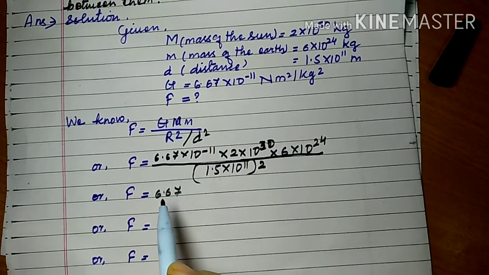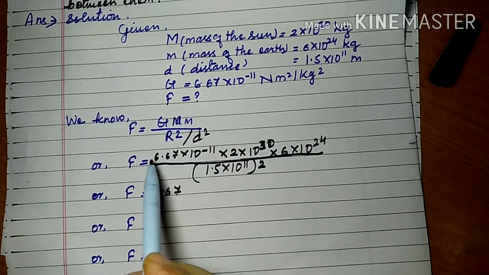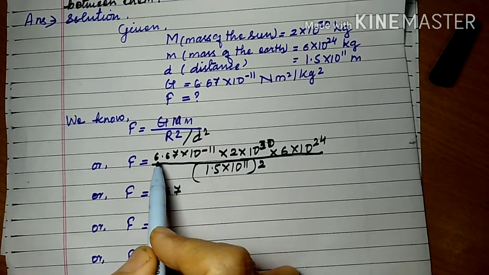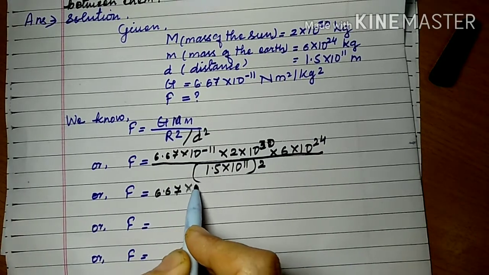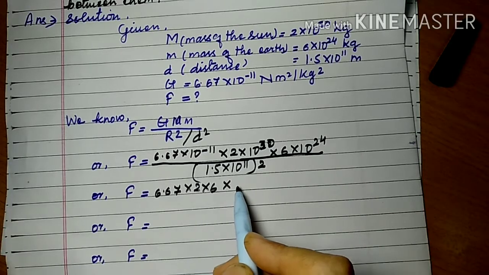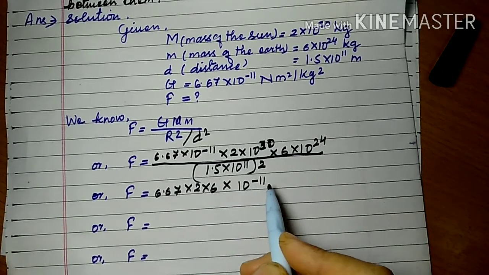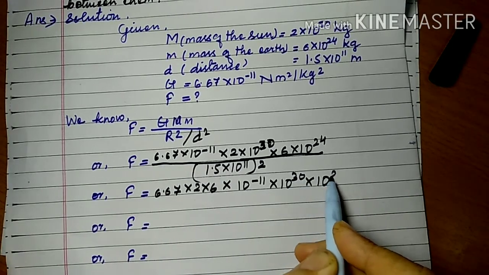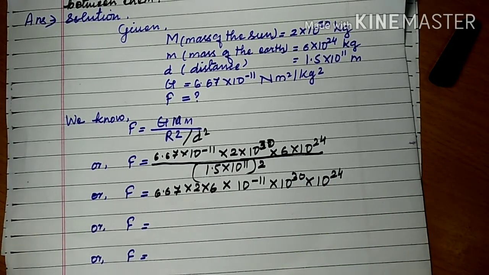6.67, you are going to make groupings of numbers with power and without power. 6.67 into 2 into 6, and all the power numbers will go towards back. 10 to the power minus 11, 10 to the power 30 into 10 to the power 24. So this is just the grouping.